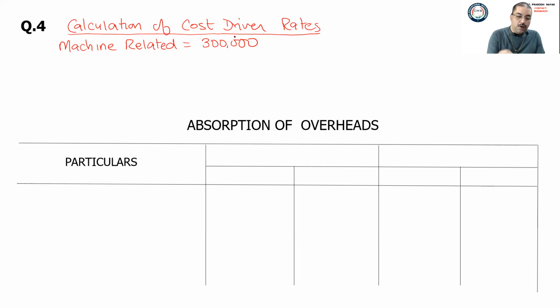So 6 into 1000 is 6,000 plus 1.5 into 2000, that is 3,000. 3 lakhs divided by 9,000 is 33.33. Correct. Next is setup related cost.